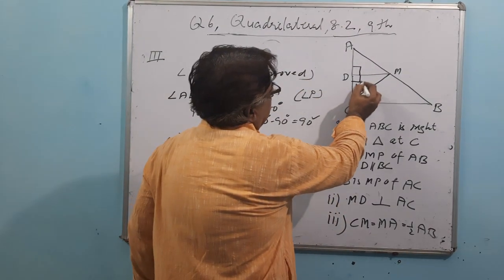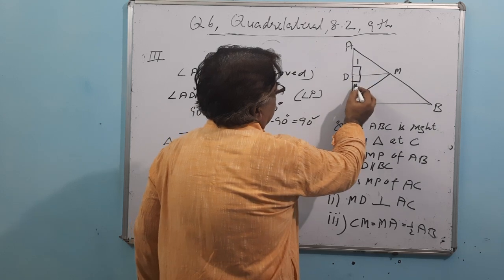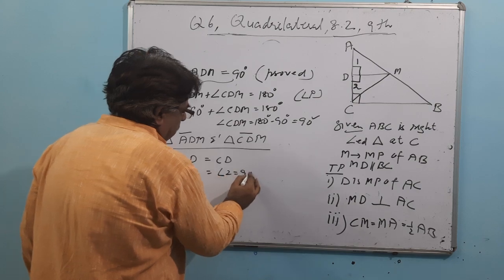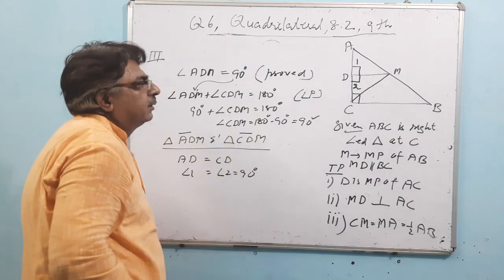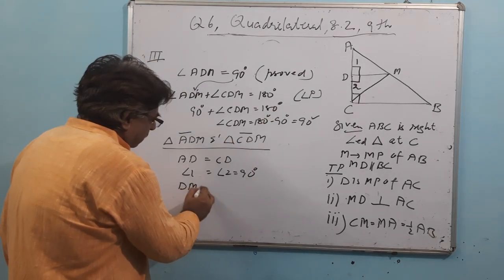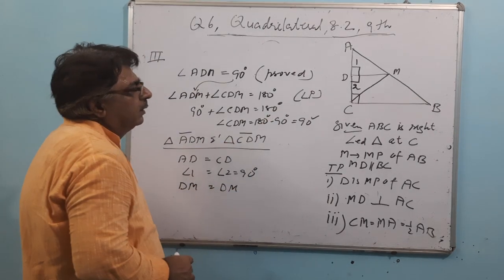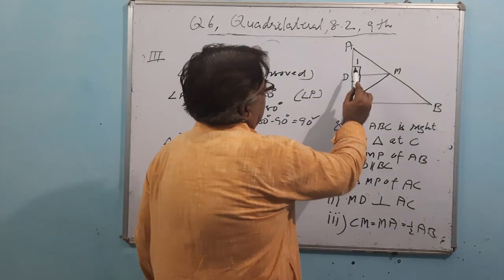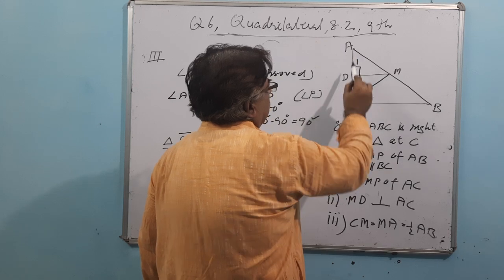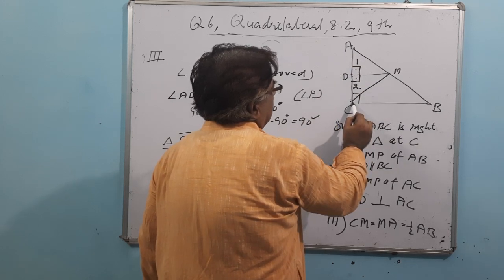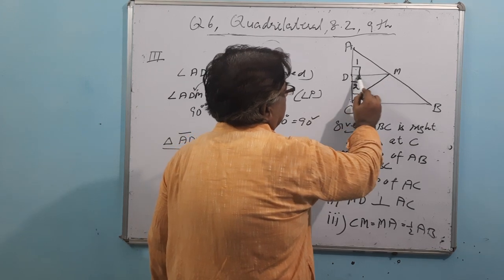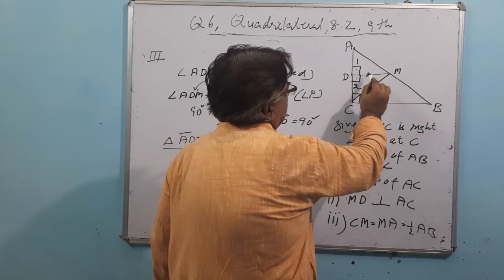Angle ADM equal to angle CDM is equal to 90 degree, proved already. And side DM is equal to DM, it is common.